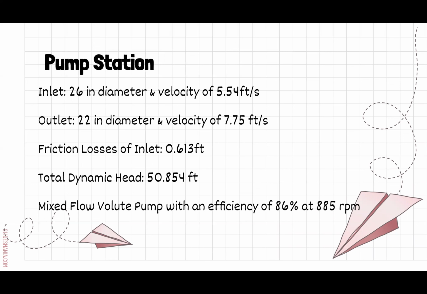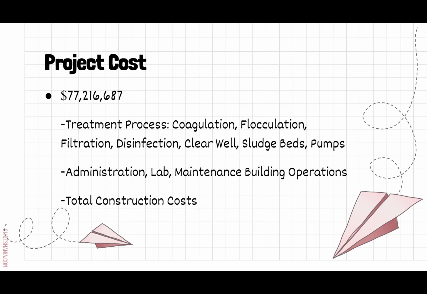The total dynamic head was 50.854 feet. And the pump that met our specifications was a mixed volute pump, which had an efficiency of 86% at 885 RPM. Finally, I'll hand it off to Elizabeth, who will be talking about the project cost.